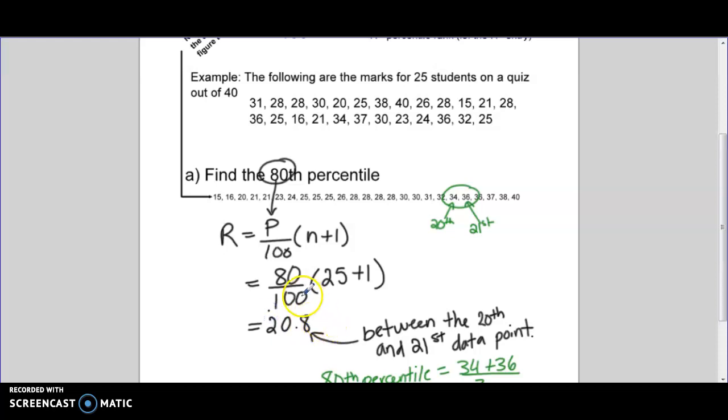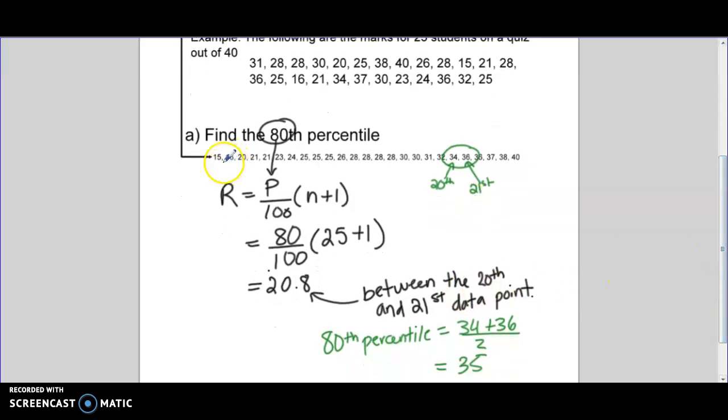In other words, there's no 20.8th rank. We will look at the 20th and the 21st data point, because 20.8 falls between 20 and 21, and find the midpoint of those two data points, and that will tell us what the 80th percentile mark is. So we start at the left, count up to 20 and 21.